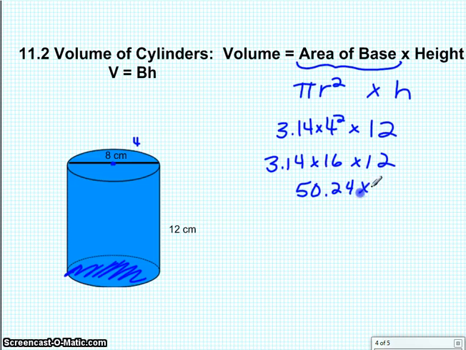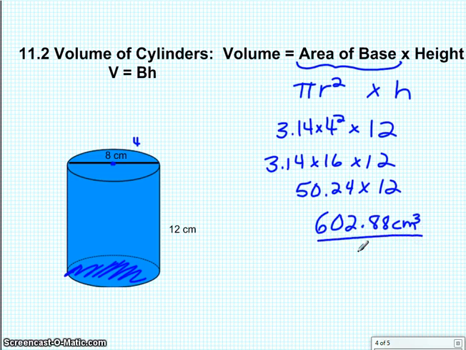I'm going to multiply that by 12, and when I multiply it, I should come up with 602.88, and remember, again, centimeters cubed is my volume for the cylinder.